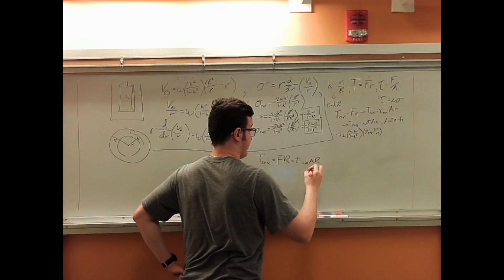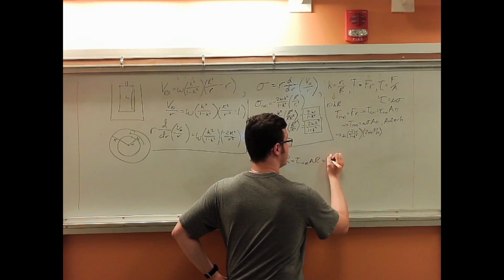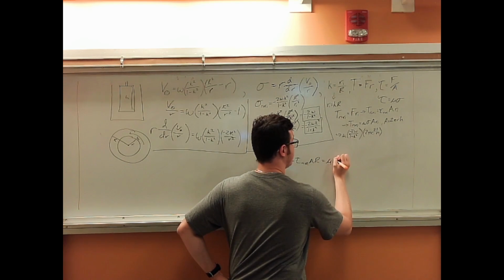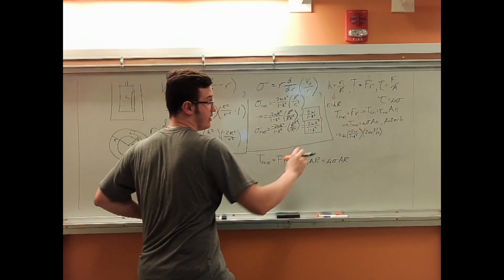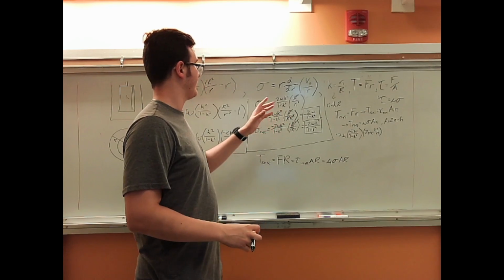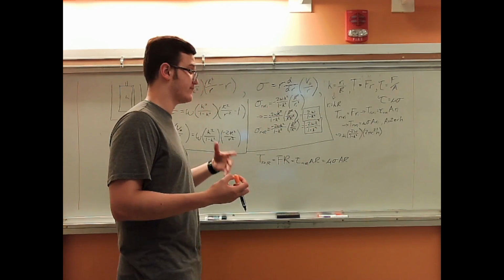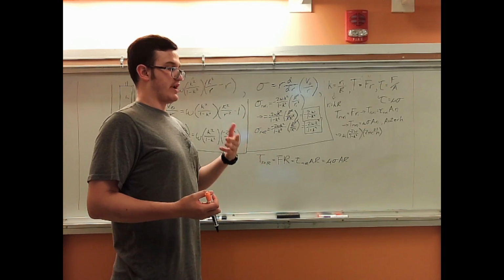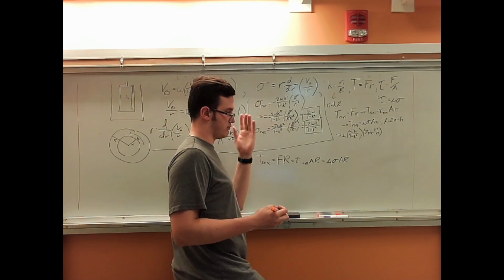You can then plug that in to make it mu sigma A capital R. And again, we're going to plug in sigma for the outer radius, the cylindrical coordinate for the outer radius. So I'm going to write that below it.